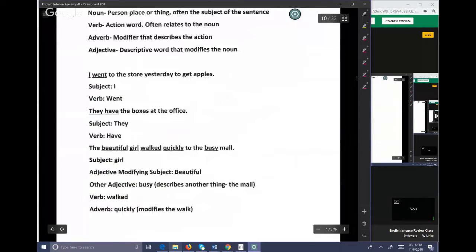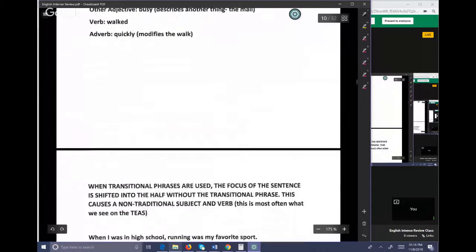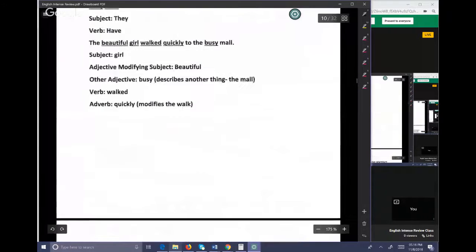I'm going to do parts of speech in a very quick, easy way. This probably made a lot of sense to most of you as you went through class, and I really don't get asked about this much. Essentially, what you need to know for parts of speech is, what are the four core parts of speech?